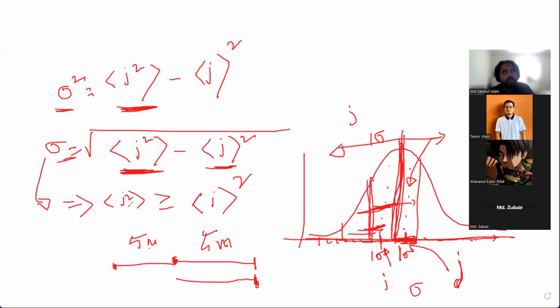But for now, I can say that sigma is the distance. The distance could be in any direction, this way and this way. It does not tell you where you are and where you are going. Does it make sense? For now, that is why sigma should be positive, and from there, this relation holds true mathematically.